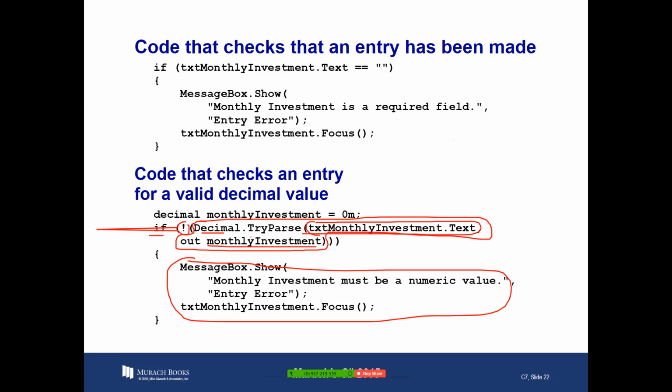No, I guess it would need an else part, because after this executes, you don't want to go down here, because that's where you go if the conversion was successful.